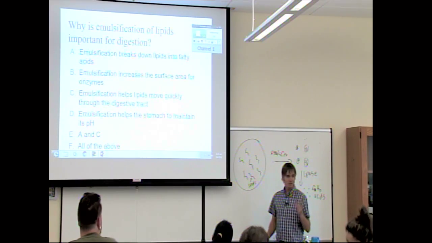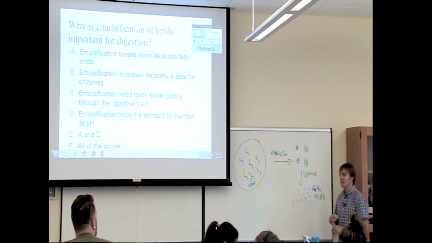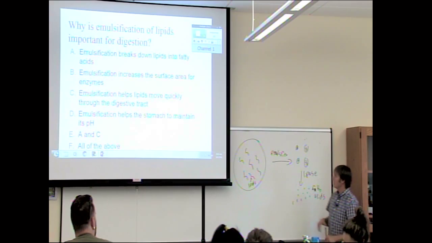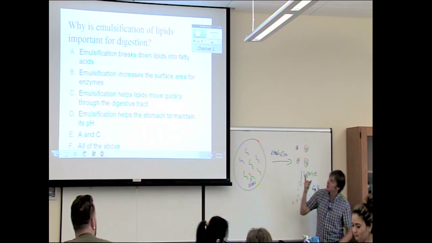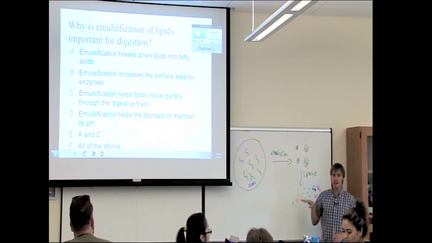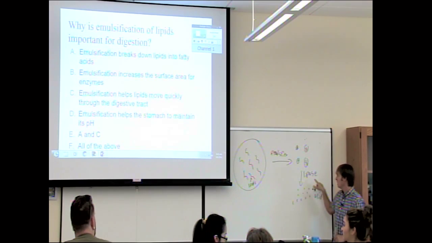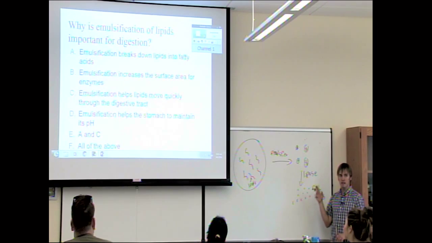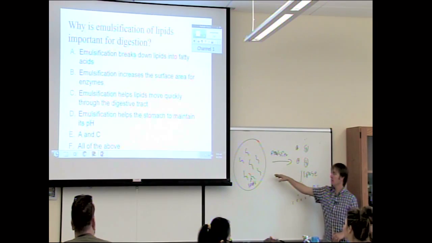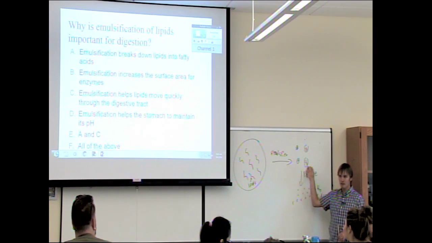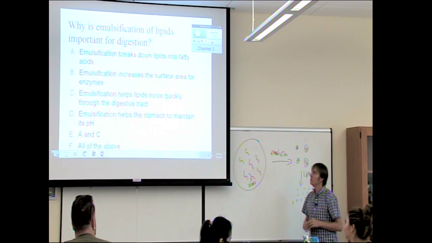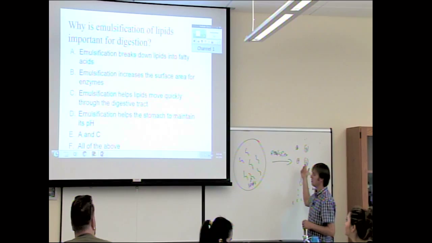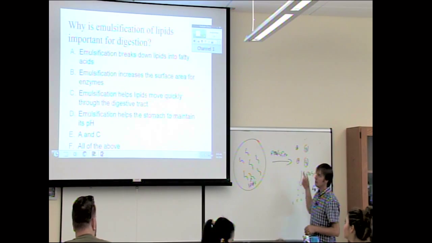This is something that people are always getting confused on. So for A, emulsification does not break the lipids into fatty acids. That's the lipase that does that. That's step 2. So step 1 is break the big bubble into little bubbles, which is not making fatty acids. And that does increase surface area, which is B.